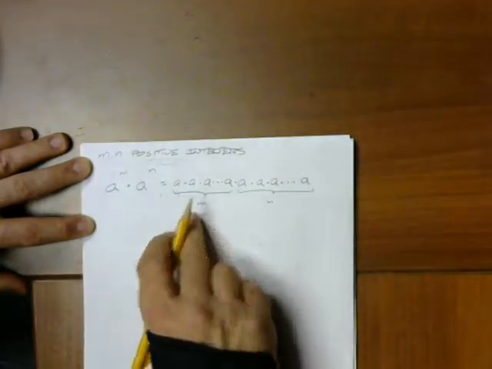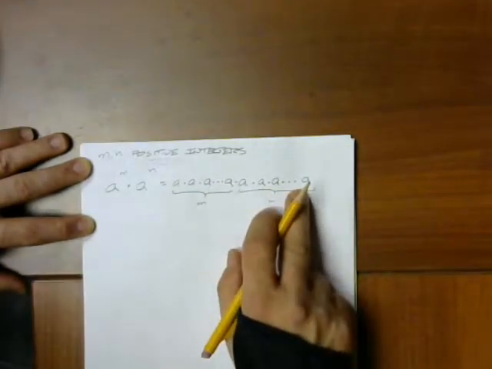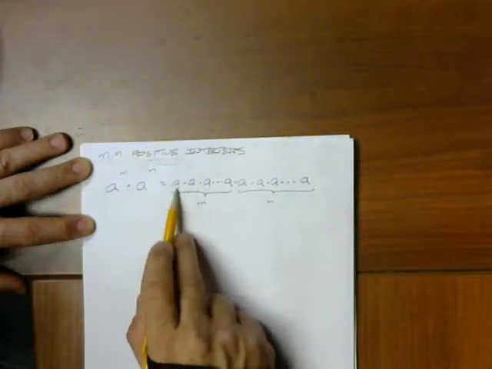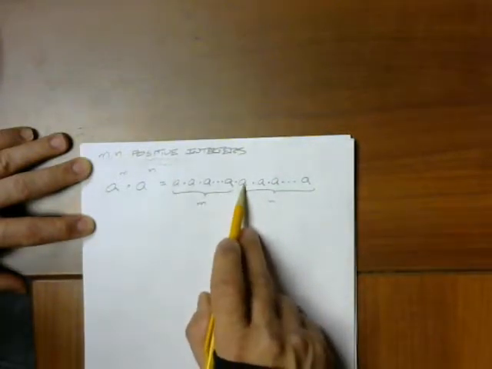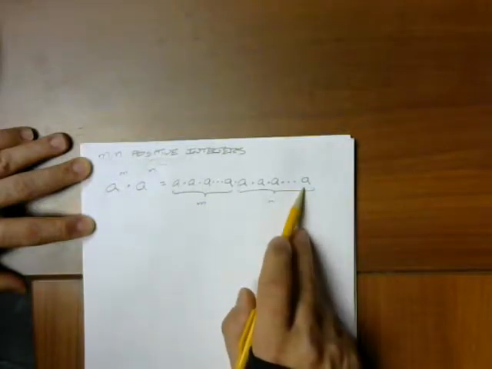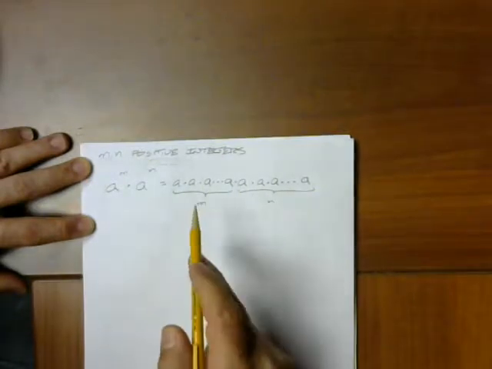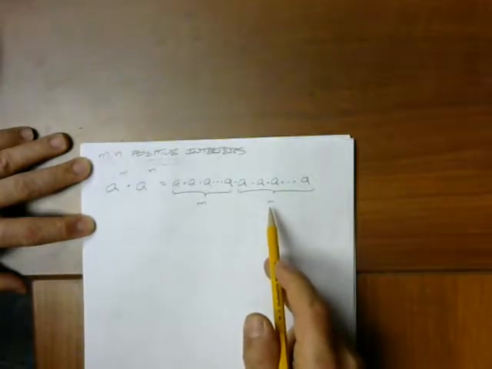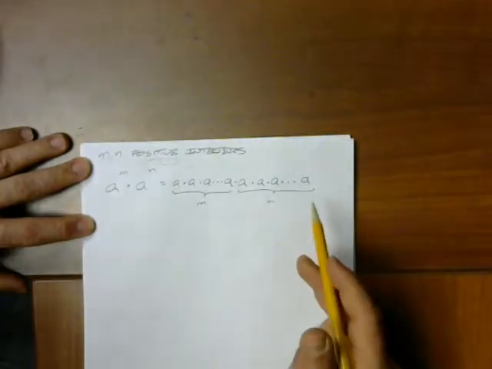So if we put all of this together, how many a's do we have? Well, we have m a's here, and we have n a's here. So how many a's do we have in total? Well, if we have m apples and somebody gives us n apples, we have m plus n apples.